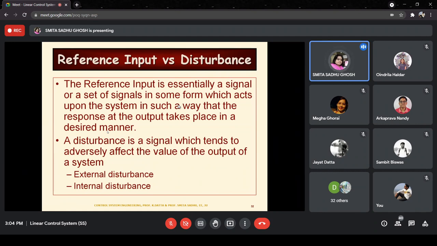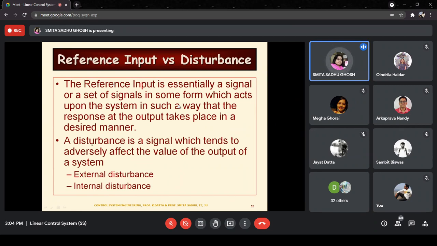Naturally, we want the system to be operating in a desired manner, which means that the output should be changing in a desired manner. The response should be a desired one. So the signal which is applied such that the output response is as desired, that signal is called the reference input being applied to the system.